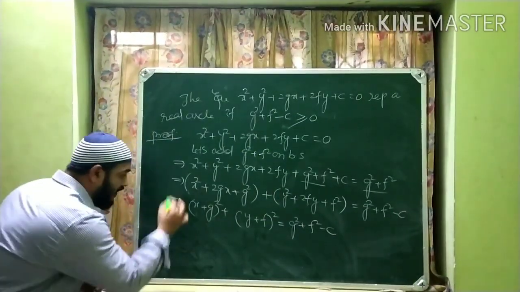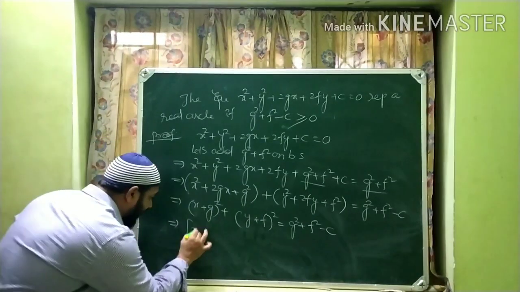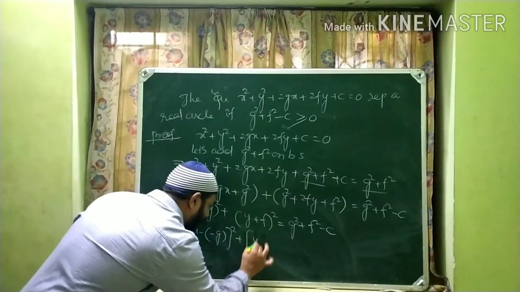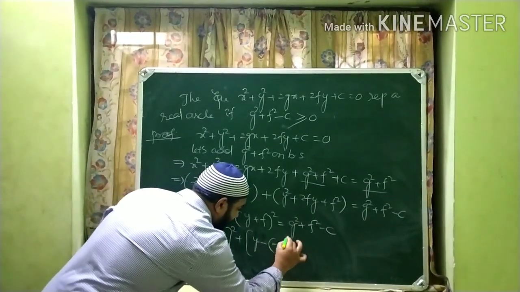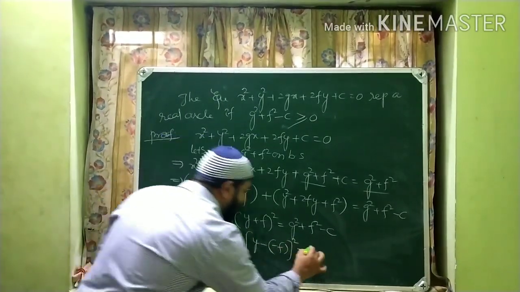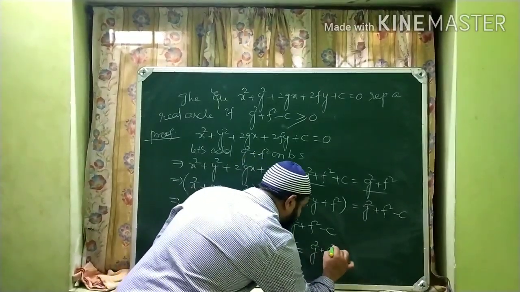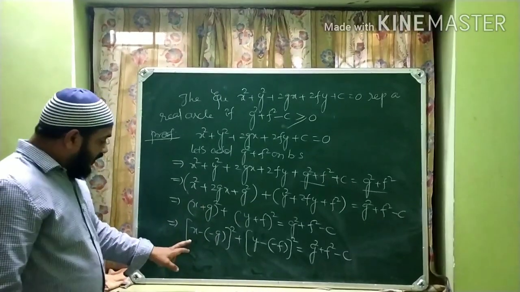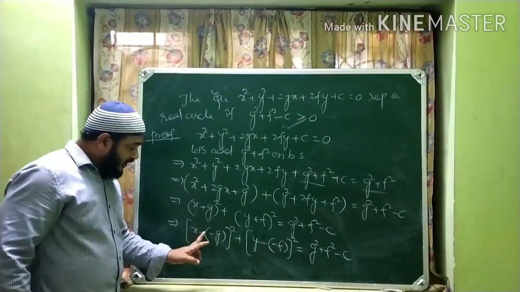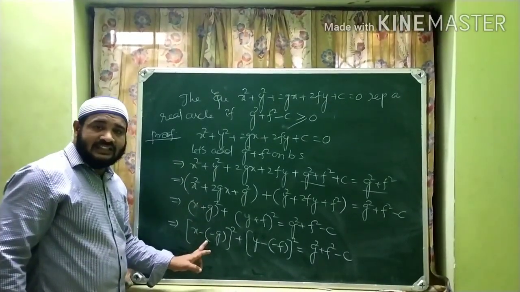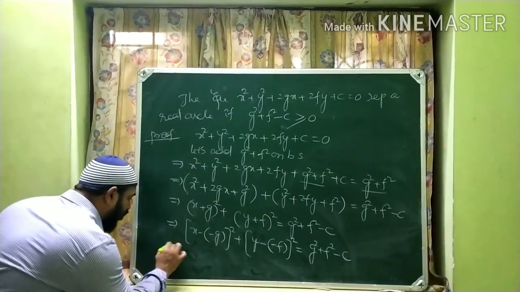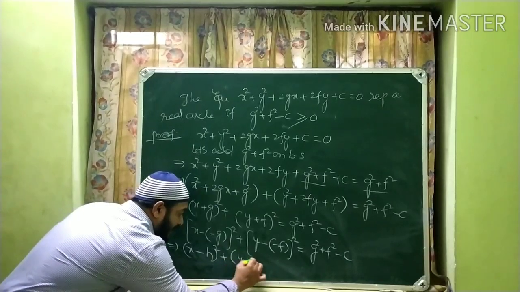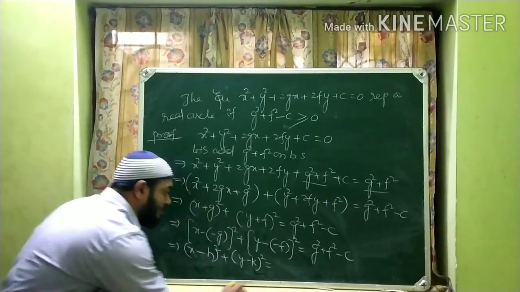Can I rearrange this as x minus of minus g whole square plus y minus of minus f whole square is equal to g square plus f square minus c? So, isn't it representing the equation of the circle in its central form? Is it not in the form x minus h whole square plus y minus k whole square equals r square?